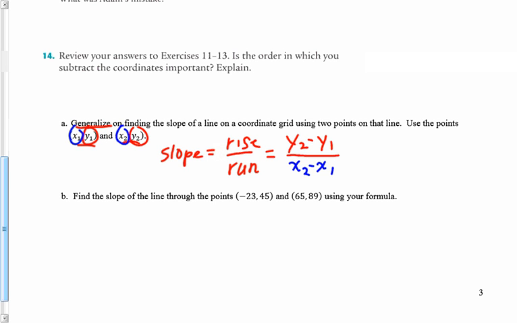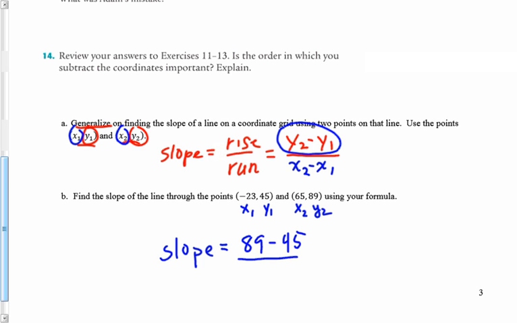So let's go ahead and put that into work here. The slope of the line through these 2 points on this. So we'll call this x sub 1, this y sub 1, this x sub 2, and this y sub 2. And then using this formula here, we need our y coordinates. So we're going to take 89 minus 45. And then we need our x coordinates.